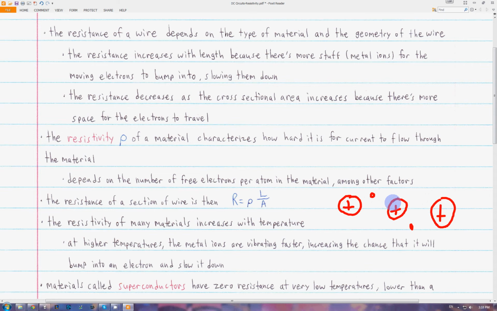At higher temperatures, these metal ions are vibrating in place at greater speeds. Since they're vibrating faster, there's a greater chance of the electrons bumping into the metal ions, which slows the electrons down, so the resistance is increased.